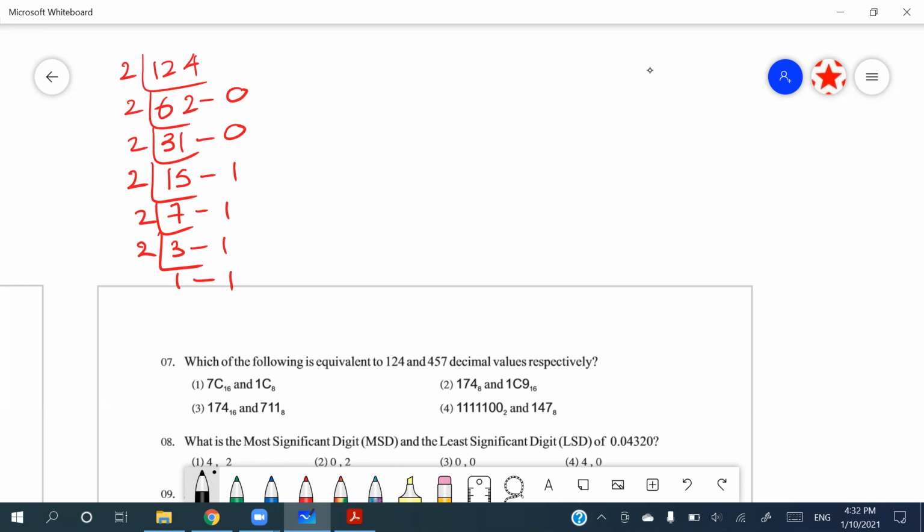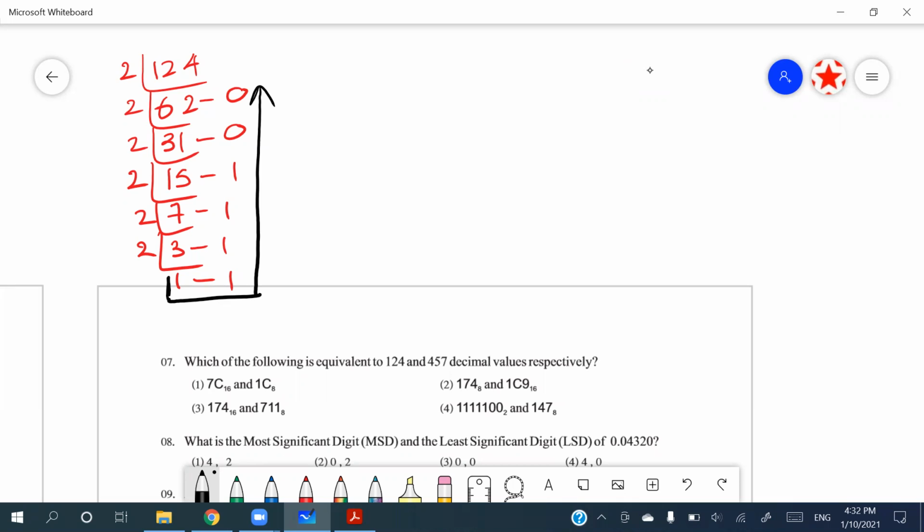So you start from the place where you have stopped, because now 1 is less than 2. That is why we stop dividing, right? So we are going to write it from top to bottom. So 1111100 is going to be your answer in binary, right?